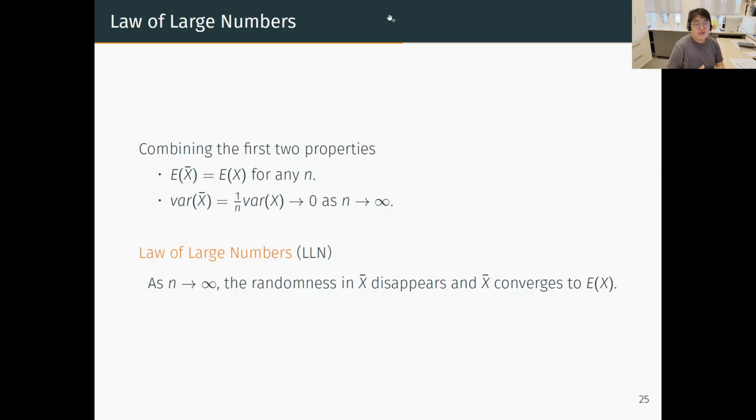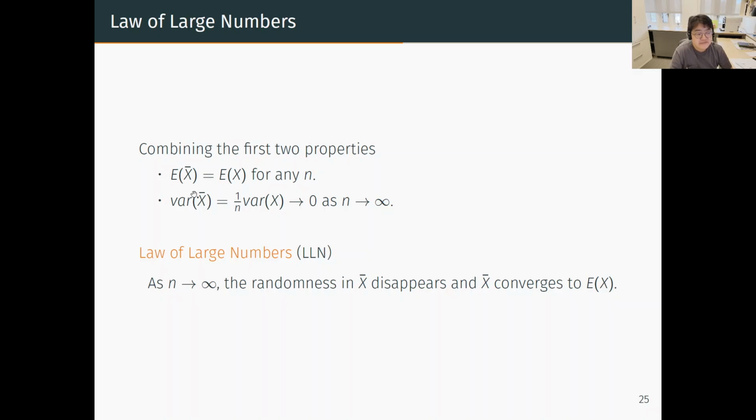So we put some names on this theory. First, the law of large numbers. You may have heard this name, but in statistics, theoretically, it means the expected value of the sample average is the same as the expected value of a single outcome for any n, no matter what the sample size is.